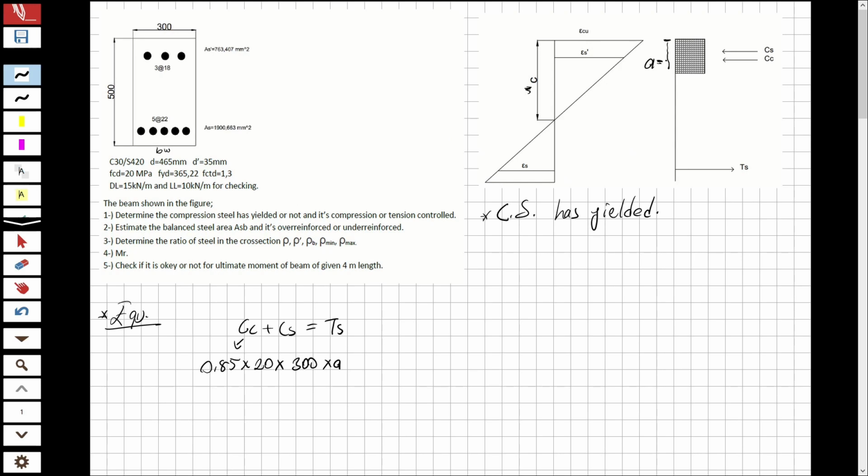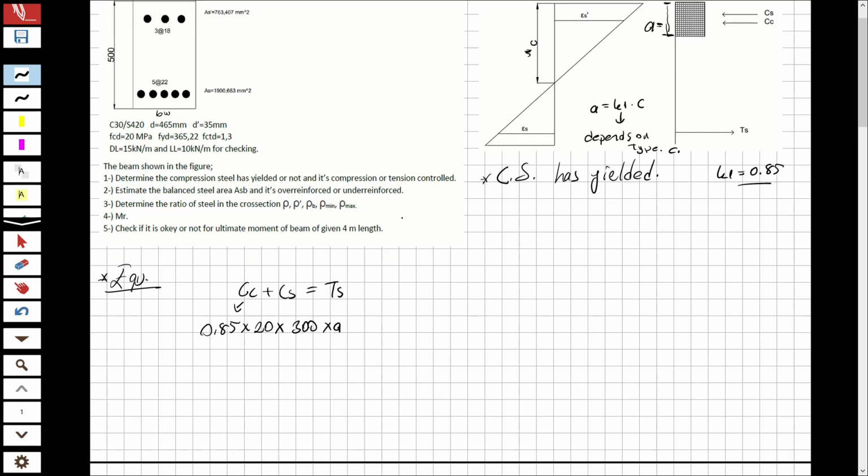A is equal to K1 multiplied by C. K1 depends on the type of concrete, and in this question K1 is equal to 0.85.